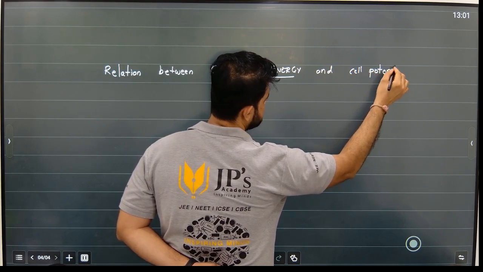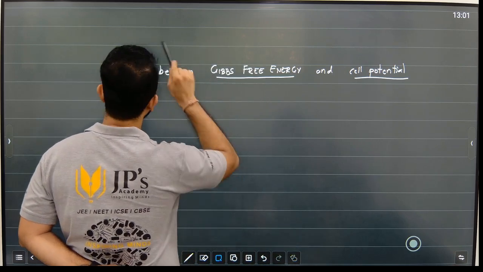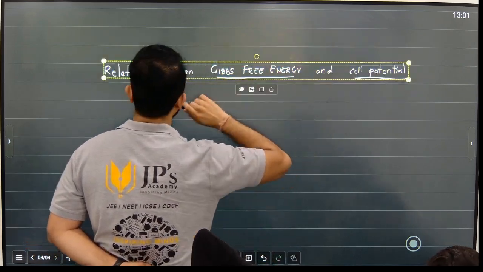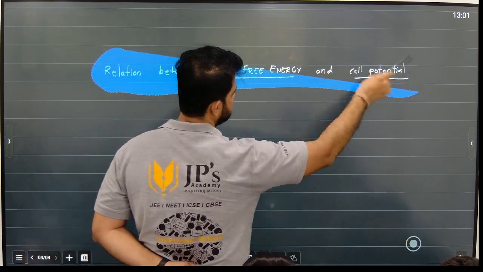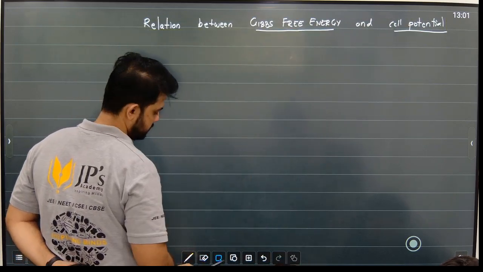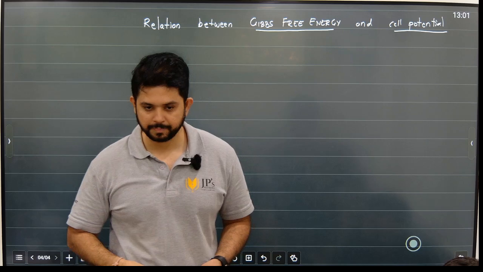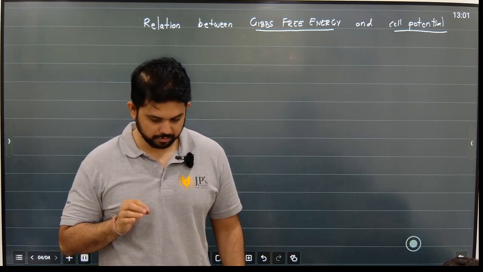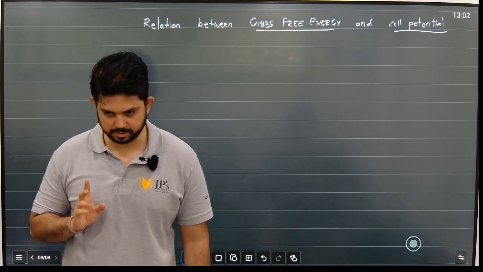Anyone remembers what was Gibbs free energy? We did this in thermodynamics. Excellent. It is the amount of work obtained in reversible processes. And for spontaneity, what should be delta G? Delta G should always be less than 0 for spontaneous processes.